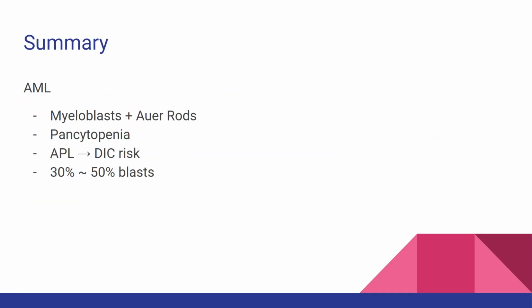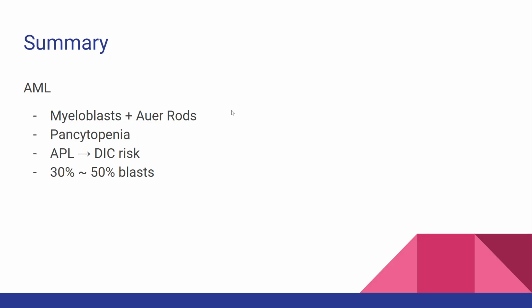So, and then just the final summary. Just know that myeloblasts and Auer rods mean AML, right? Pancytopenia is important, but the question stem is usually gonna have leukocytosis or something like that.